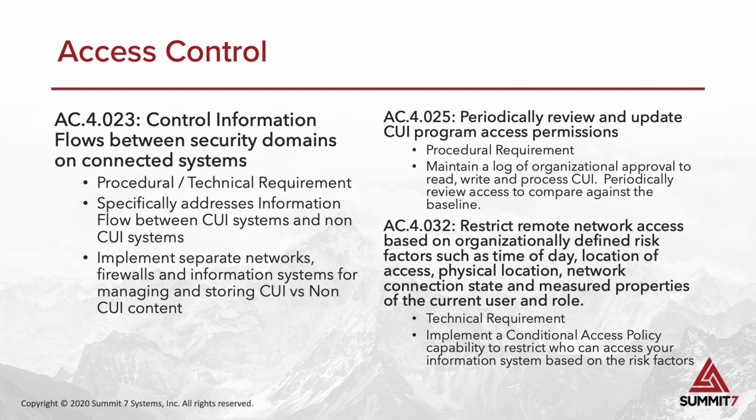So this is a combination of a procedural and technical requirement. You have to identify and document how you're going to do this, but then the technical implementation is for you to be able to identify if you have systems where you're building enclaves, where you're going to have a CUI enclave separated from your non-CUI environment, and you implement a network like that.